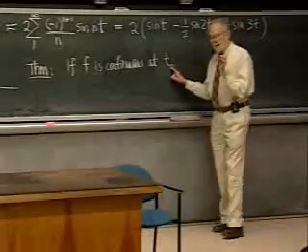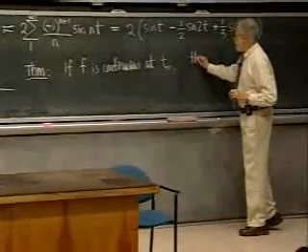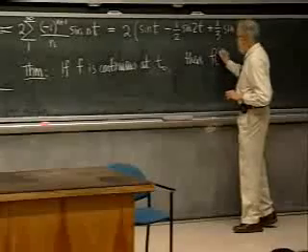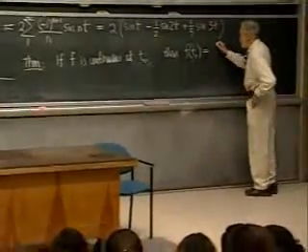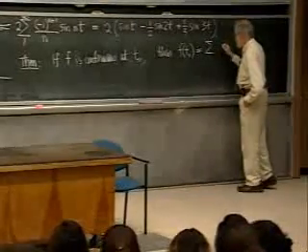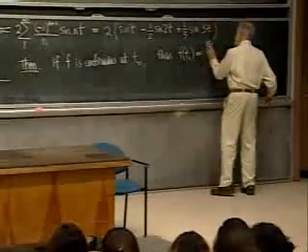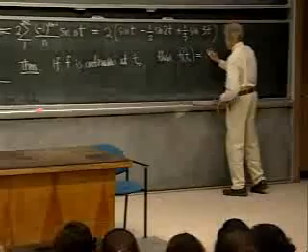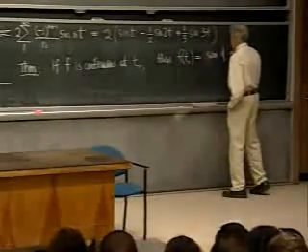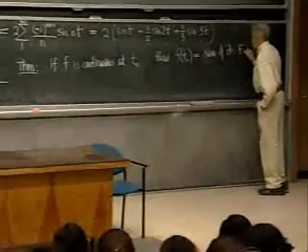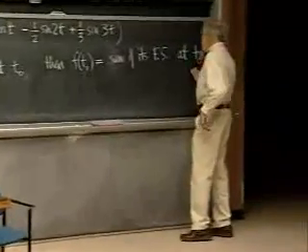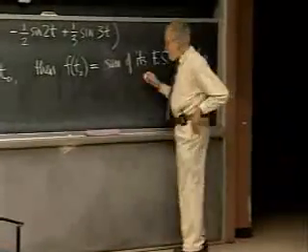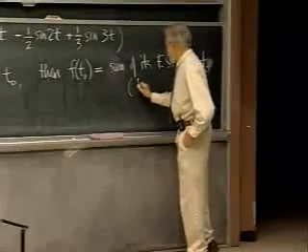So if the function is continuous there, then the value of f of t0 is equal to the sum of the Fourier series at t0. And the fact that I can even use the word sum means that the Fourier series converges.